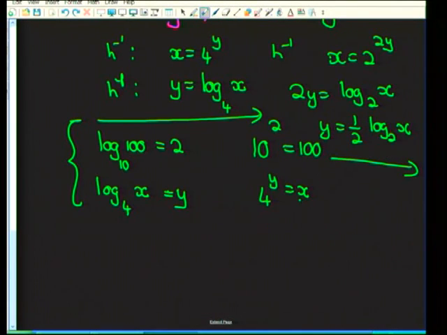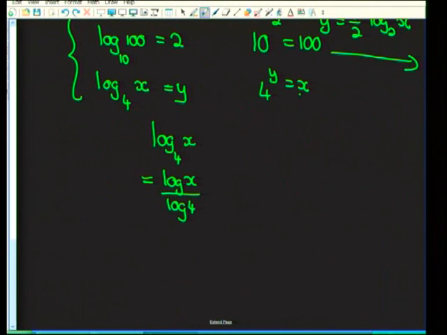Now, I'm going to show you why it's the same answer. If you've got log to the base 4 of x, and you're using your change of base law, it would be log x over log 4. The log of 4 would be equivalent to the log of 2 squared.